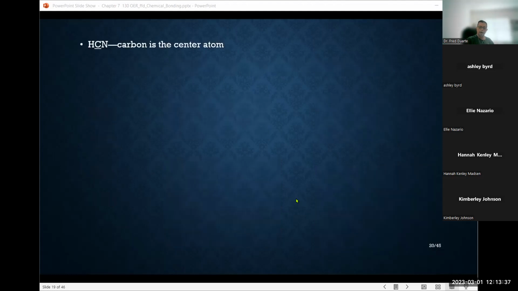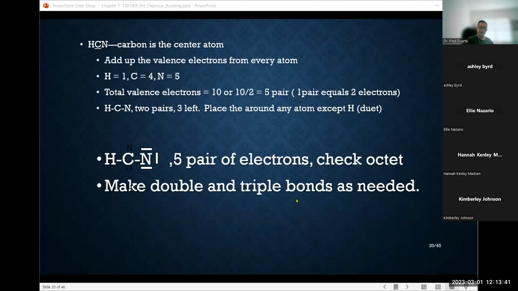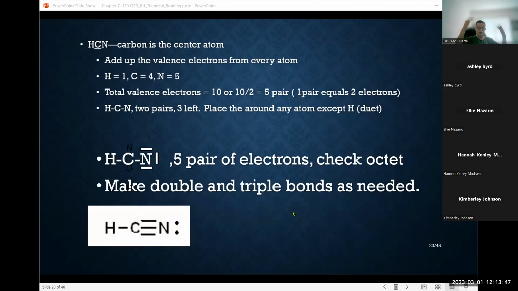All right, so this was a summary of doing the HCN. A quick review: using the number of electrons that we have, and then going through the inventory of checking to make sure the octet has been fulfilled. If you find that some atoms don't have 8 electrons, then you start making double bonds and triple bonds.